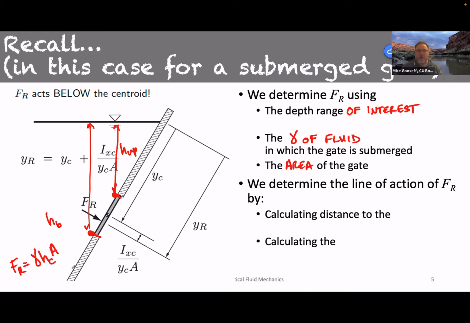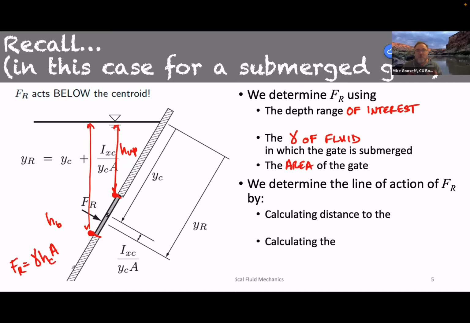Okay. So when it comes to just figuring out how much pressure we have distributed and what force we get out of that, we're using the pressure range for the depth range of the gate and the shape of the gate to get the area, right? And we just use the average depth of that shape to figure out this h sub c.